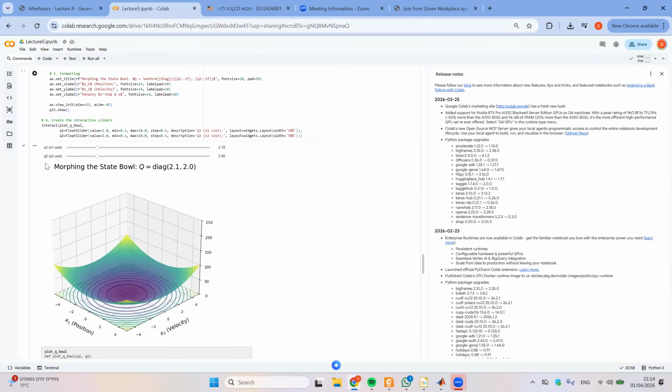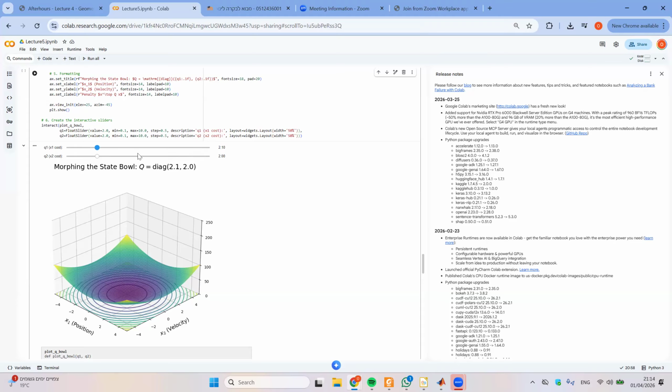So here, Q1 is equal to Q2, and they're both quite low. So we have quite a shallow ball, which is quite easy to go down. And in any case, the cost is very, very low. Let's only increase Q1.